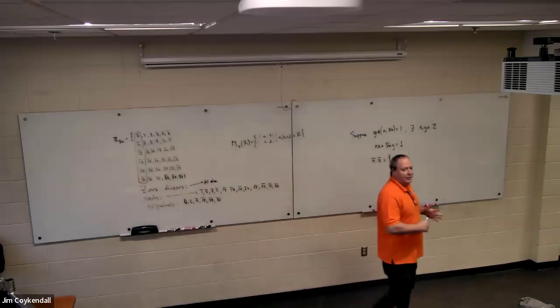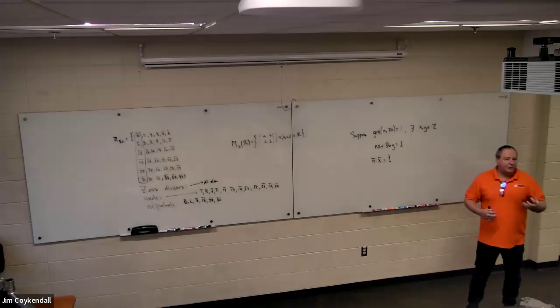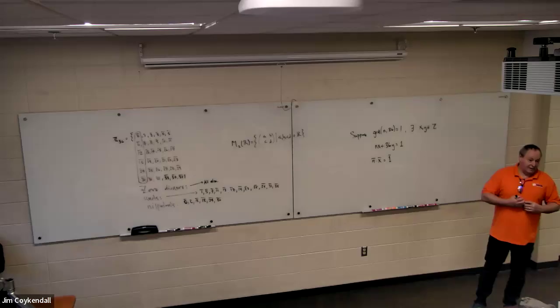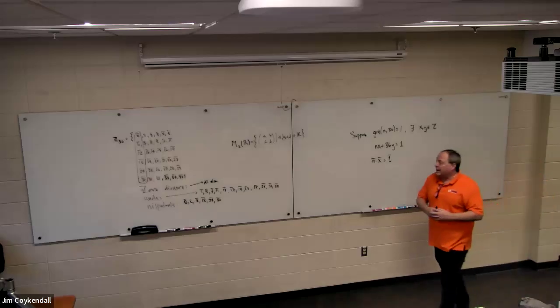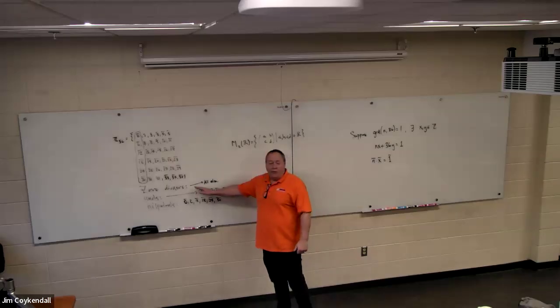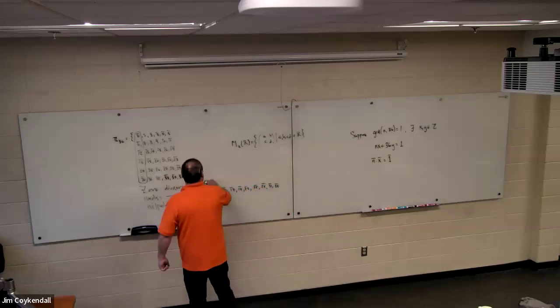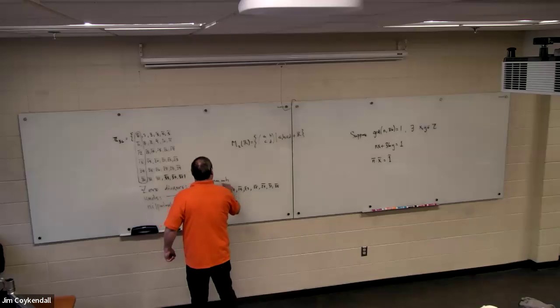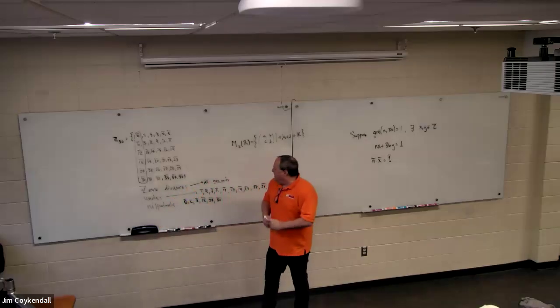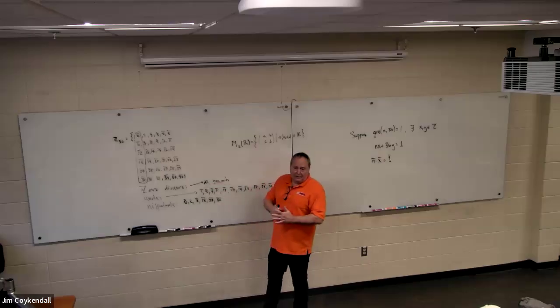All zero divisors, because everything else is either going to have a factor of 2 in it, or a factor of 3 in it. If it's got a factor of 2 and a factor of 3, it's in the nilpotent list. So, instead of saying all else, all non-units. Let me be clear about that, because these nilpotents are all zero divisors, so this should be a subset of all the zero divisors.